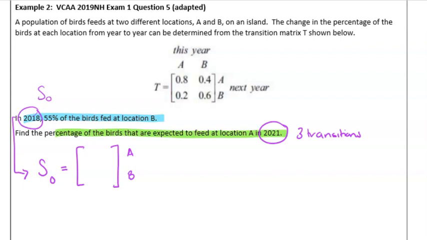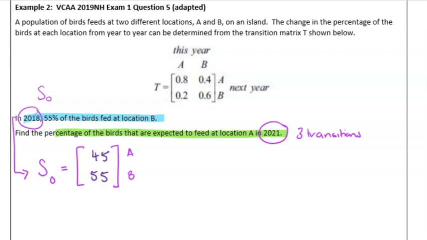I can choose to use that as a whole number, so 55% were at location B, which means 45% must have been at location A. Or I could also write those as decimal versions because it is a percentage. Either way, you're going to end up with the same answer. It just matters how you interpret it. I tend to leave them as whole numbers because then I'm less likely to make a mistake there. Just be careful that you're using the correct unit. So here the percentage is my units.